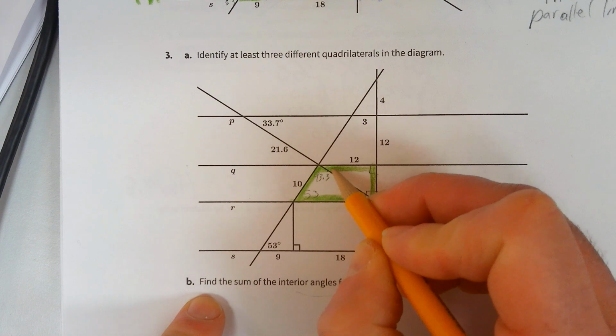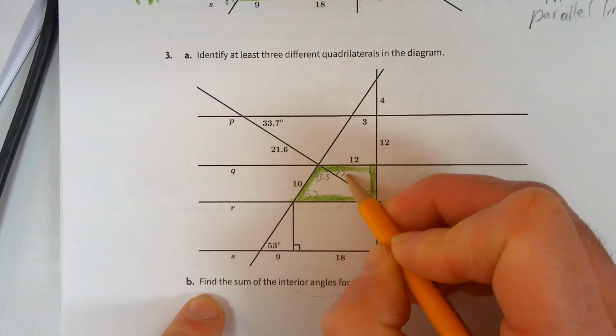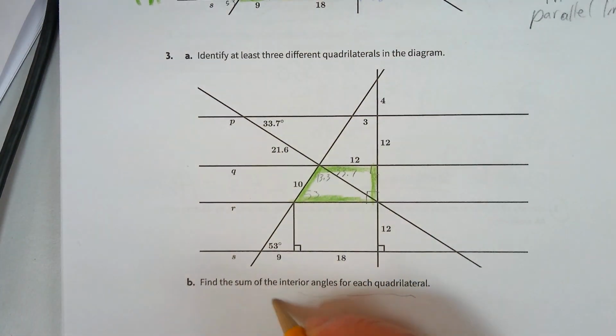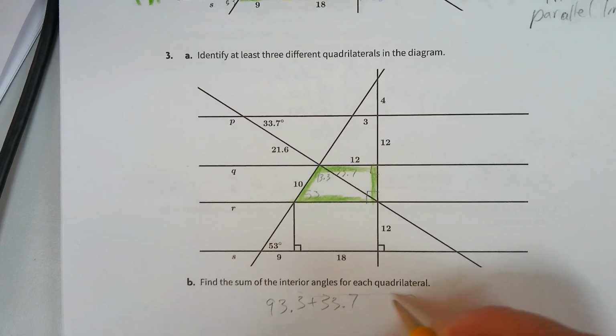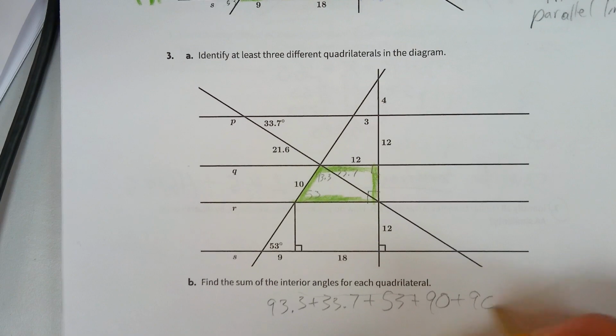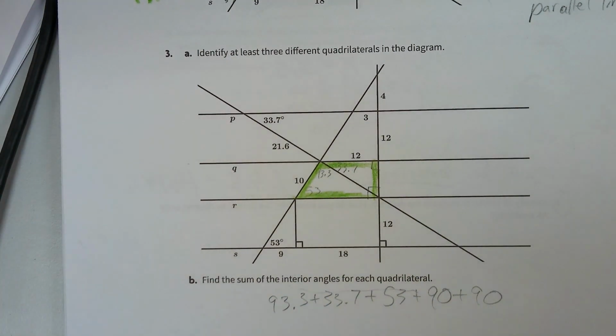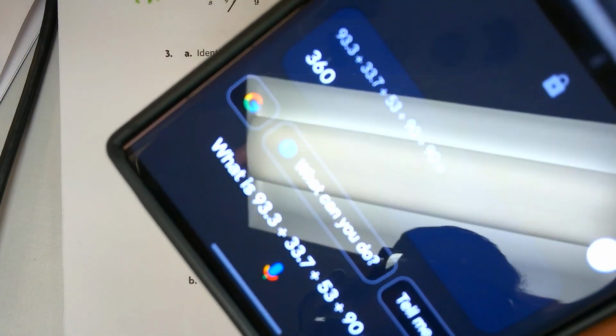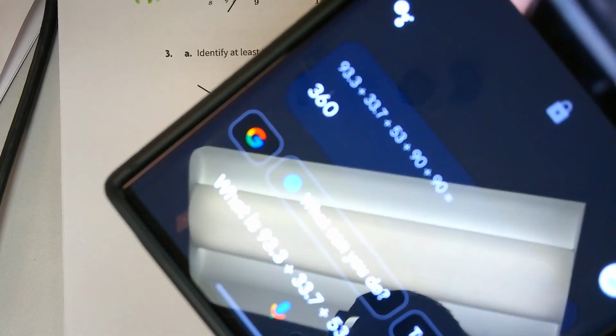93.3 and 33.7. Hey Google, what is 93.3 plus 33.7 plus 53 plus 90 plus 90? 93.3 plus 33.7 plus 53 plus 90 plus 90 is 360.